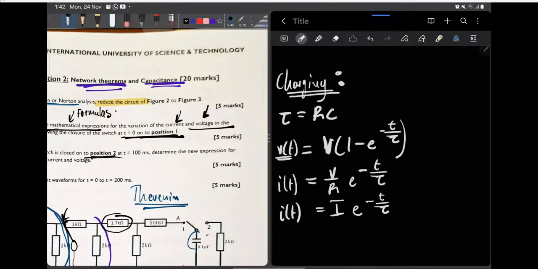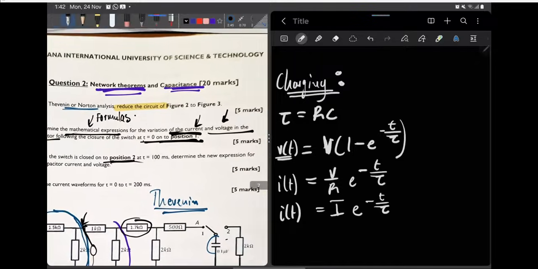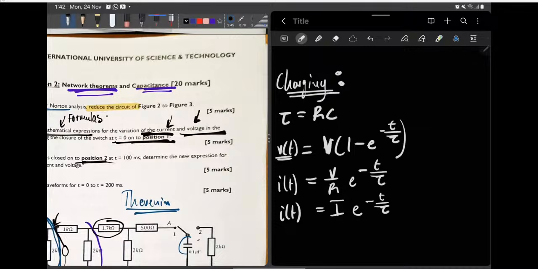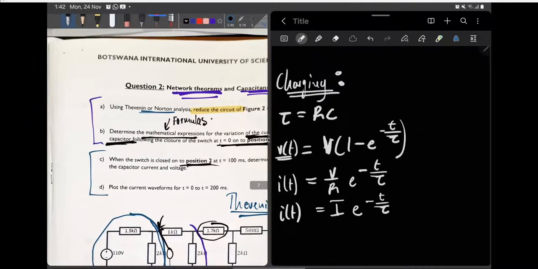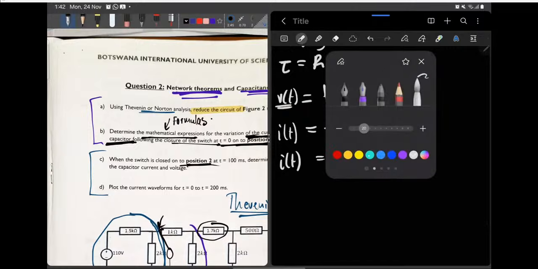Here we are going to be finding what they want. Variations of current and voltage in the capacitor. Okay, there we have it. If it was discharging, this V in here is 1 minus, right?